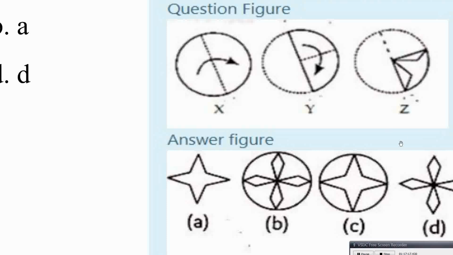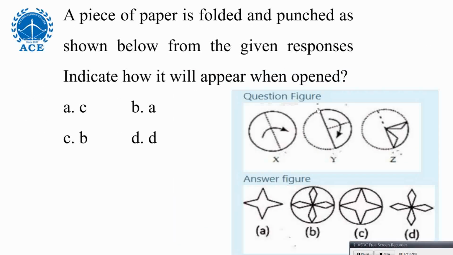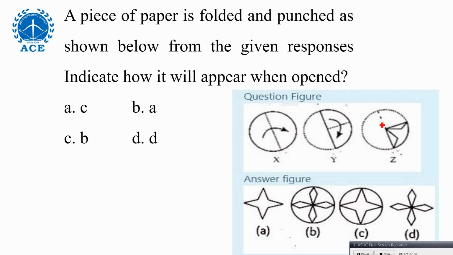Okay, but we are in a dilemma between B and D. B and D only, right? So B is suitable, taking that the paper is a folded one. Among B and D we have an issue, because is the outside shape maintained or not? When you unfold, this will be extra. When you unfold the first time, this is what happens.